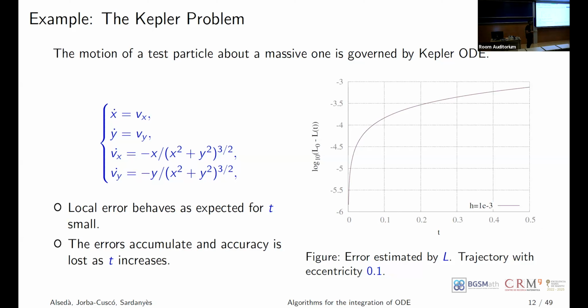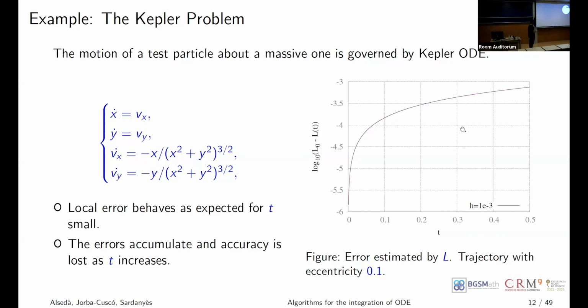So it's a very small time. And then I'm seeing the same kind of behavior: I start with 6 digits, which is what I should expect, and then I'm going up to 3 digits. So I'm losing 3 digits along the way.